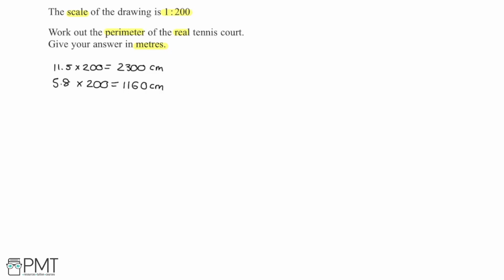So I could write this out as 2,300 plus 2,300, or 2,300 multiplied by 2, add on 1,160, add 1,160 again, to find the total perimeter of the real tennis court. And that then gives me an answer of 6,920, remembering that this is still in centimetres.